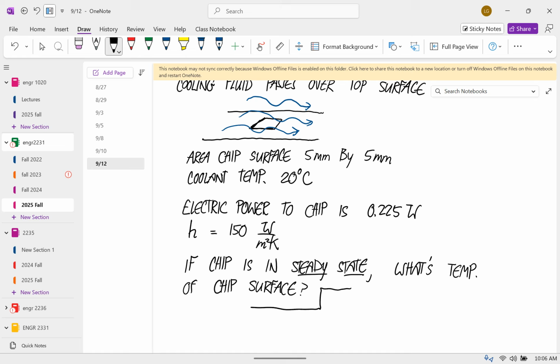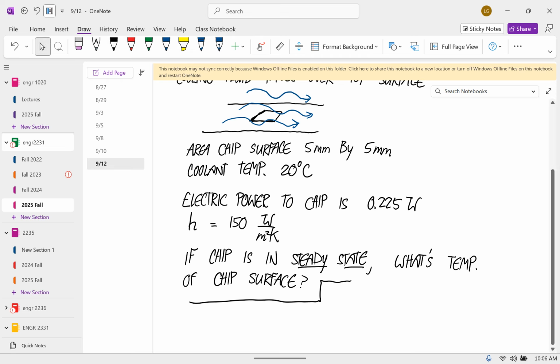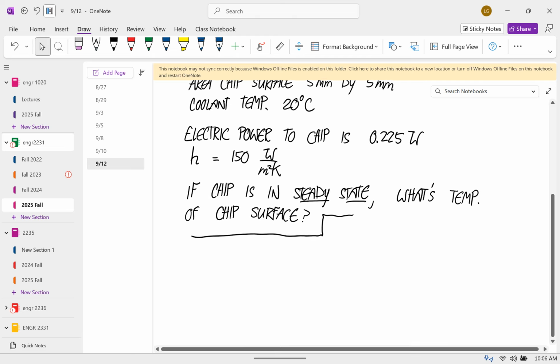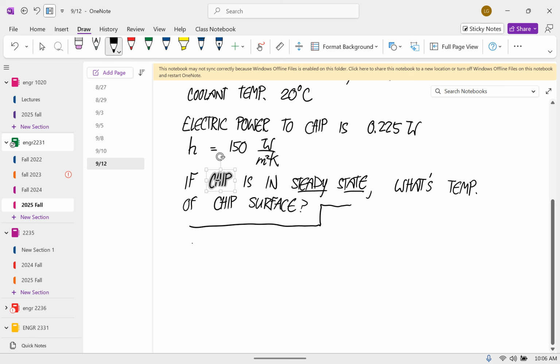Okay, so remember that in the differential form of the first law, which is the form that we always use with these heat transfer equations, there are two types of problems that you can do. One is steady state. The form of this equation says dE dt is equal to Q dot minus W dot. Q dot is the rate of heat transfer into the system.